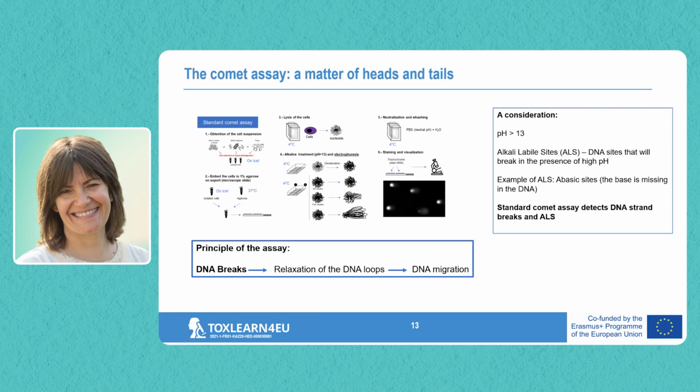If we have abasic sites and perform the assay, they will be converted into breaks, so we will also detect them. So the standard Comet assay detects DNA strand breaks and alkali labile sites. It's good to know these things to interpret the results correctly.